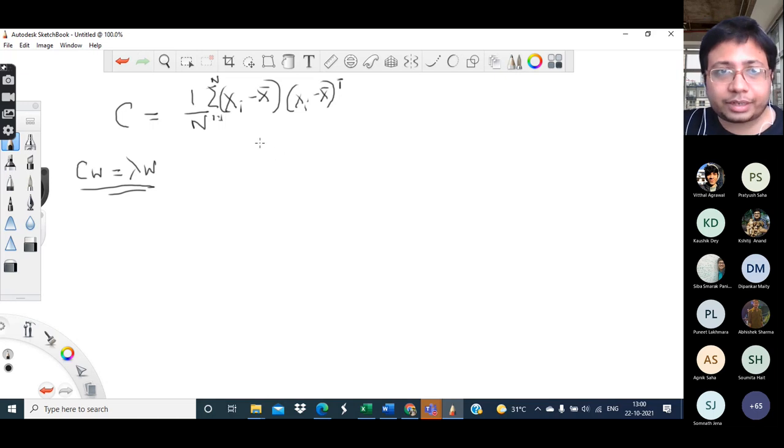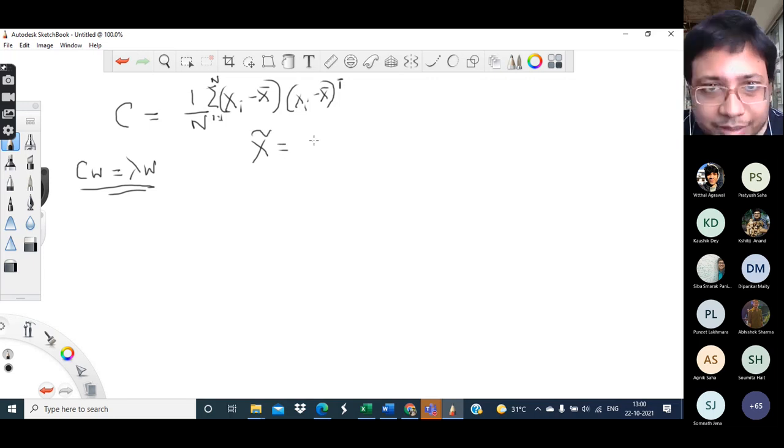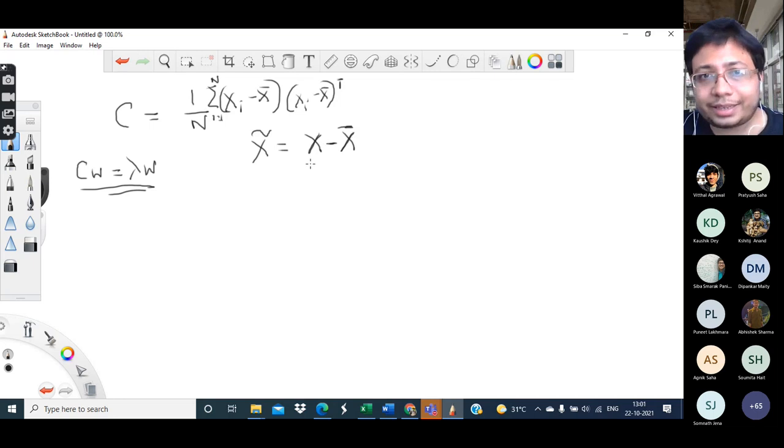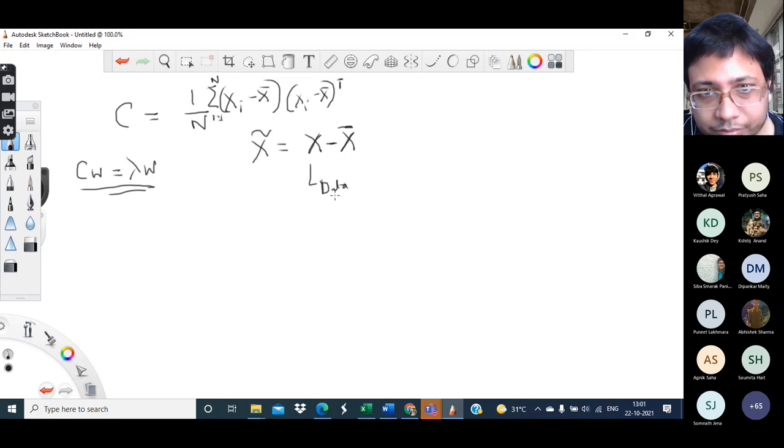Now let us define something known as x tilde. x tilde is basically x minus x bar. What is x? X is the full data matrix, which is of the size 2 cross n.